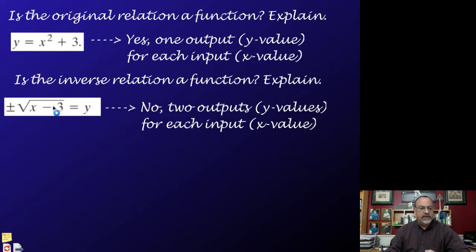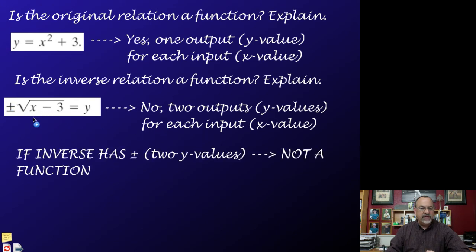If this is the inverse, is this a function? Well, this would not be a function, because you'll notice if I put in one x value, I get plus or minus the square root of this value. So whenever the inverse has this plus or minus, that means you're going to produce two y values for each x value that you put in. Y is equal to either the positive of this or the negative of this.